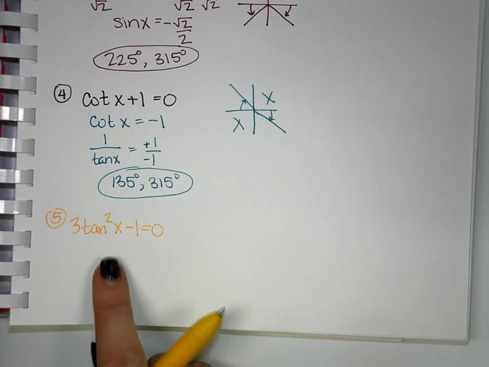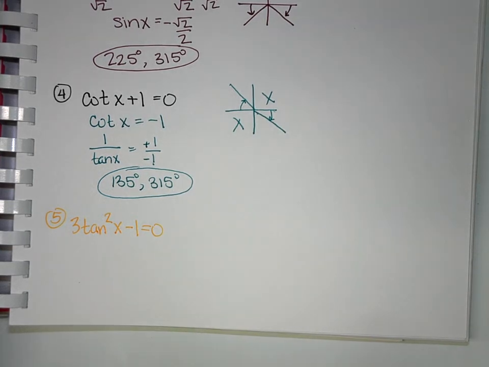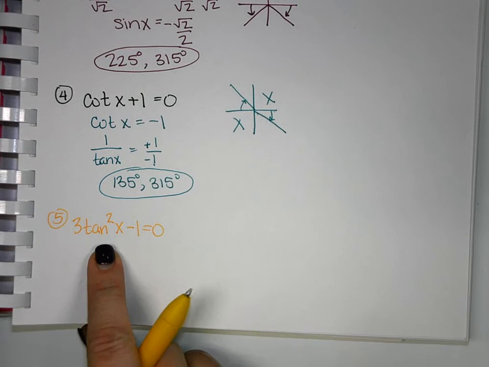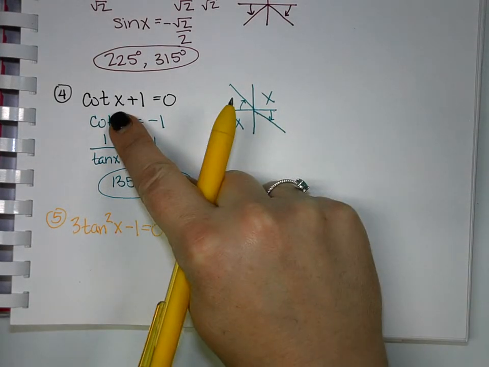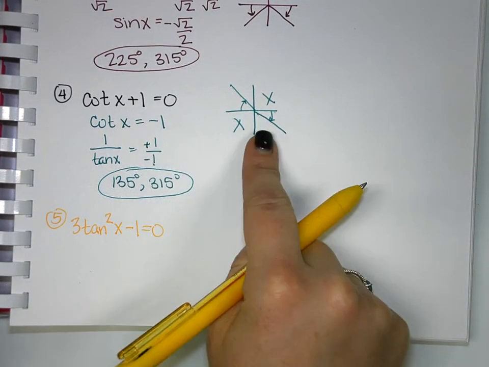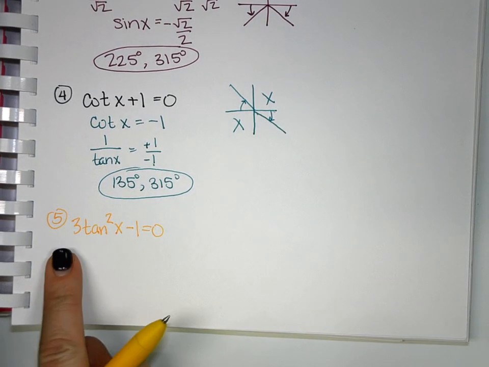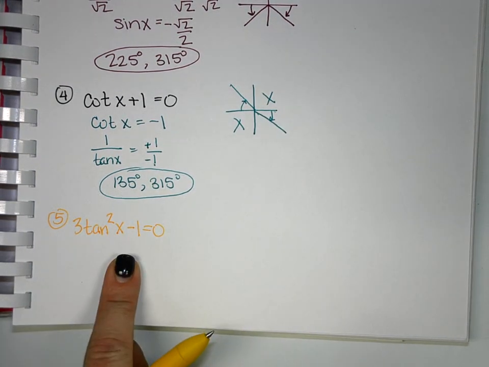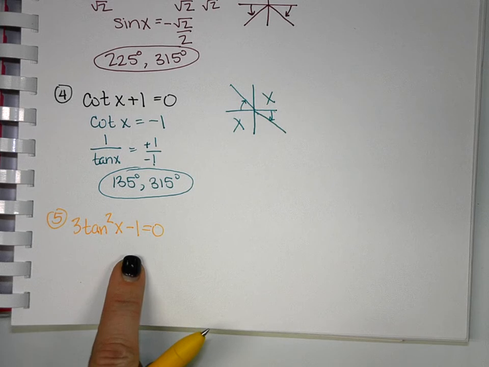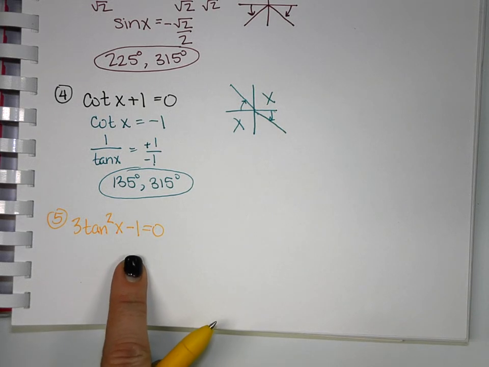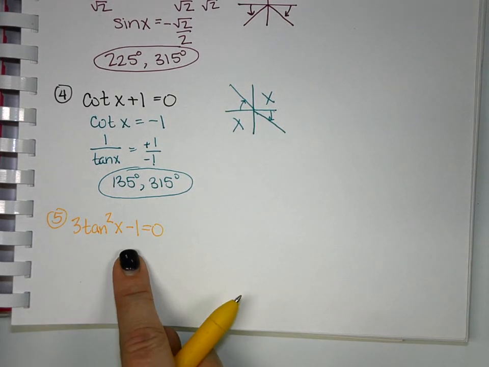Because we have to get the tangent of x by itself, we have to unsquare it, which opens up the doors to a couple things. The ones that don't have a square, you can just solve for the trig function and then go to your quadrants. We're going to look at this type together in class, and this type tends to give us more than 2 solutions sometimes, as well as no solutions sometimes. So we're going to look at 3 of these in class on Monday.